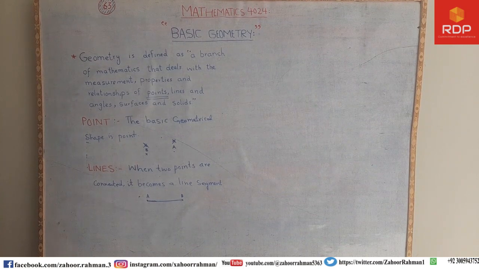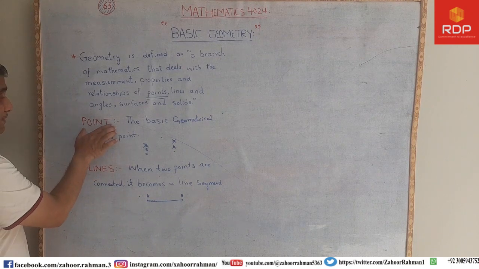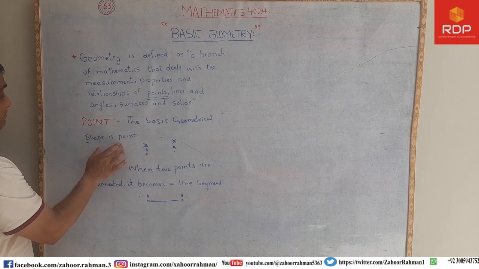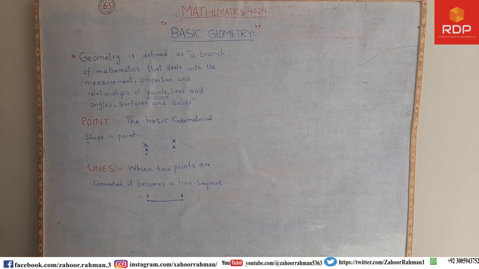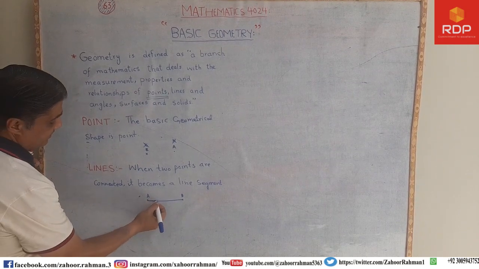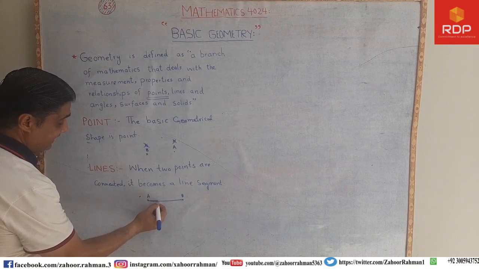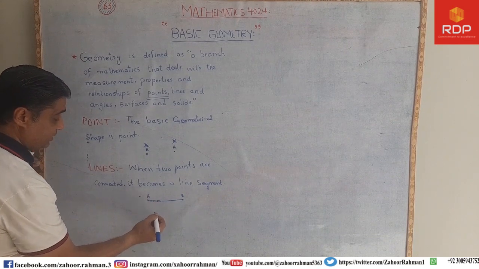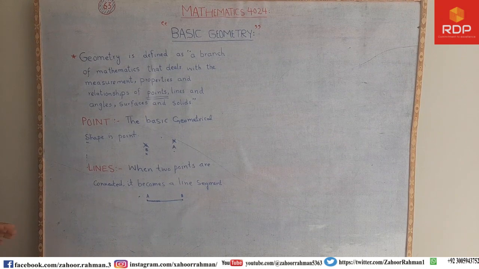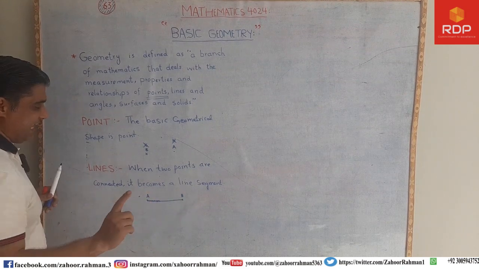Just like I told you, the point is the basic geometric shape, and all other shapes can be derived from it. So a line is also a combination of points if we see it with a microscope. Ladies and gentlemen, this is called a line segment.